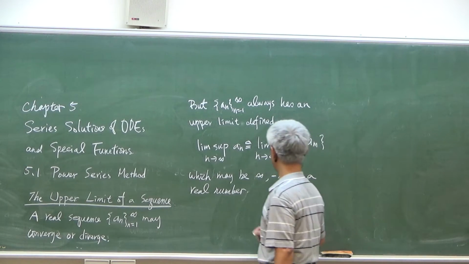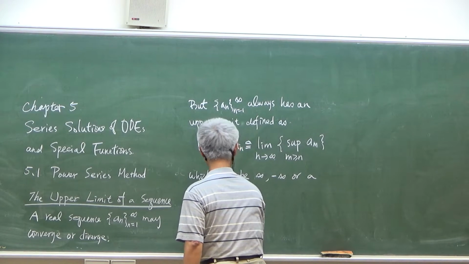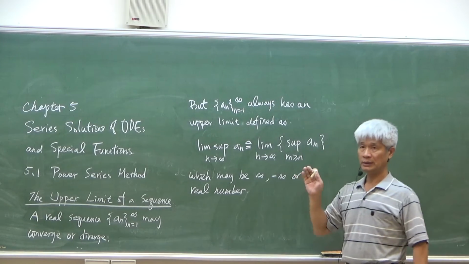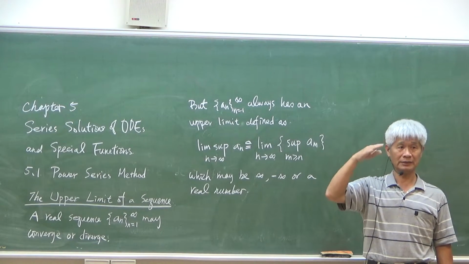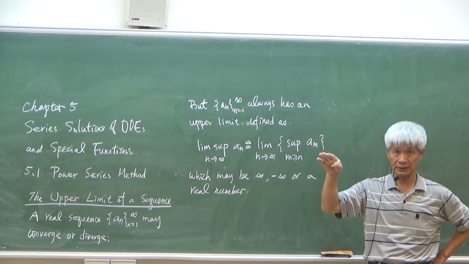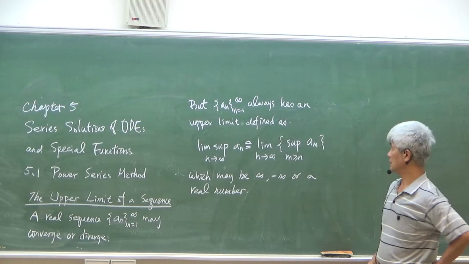All right. So now the suprema of a sequence is the least upper bound. Remember, right? In calculus, we define suprema as the least upper bound.